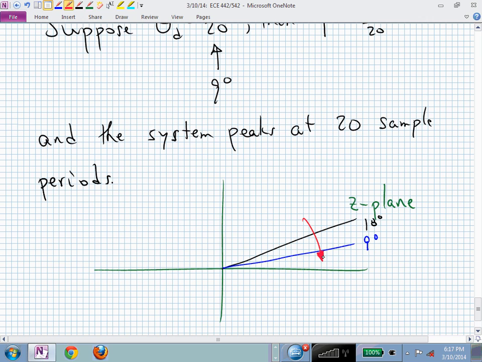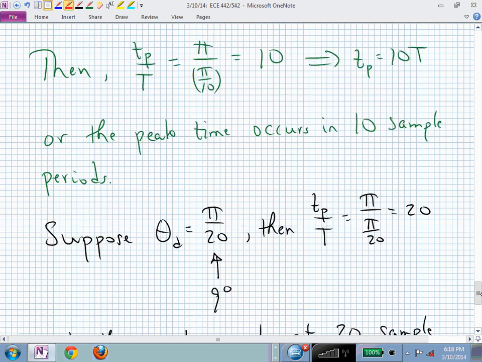Is it getting bigger or smaller? Or in terms of a constraint, have I tightened the constraint or relaxed the constraint if I move from the black line, 18 degrees, down to 9 degrees? So it moves in the opposite way that the angle is moving.